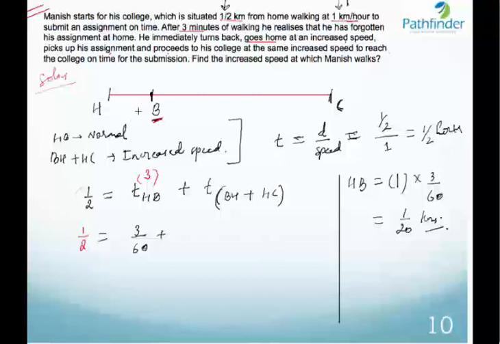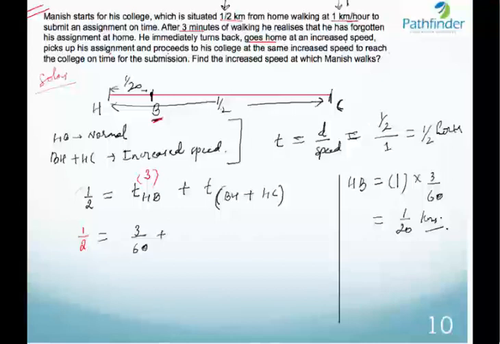So how much distance does Manish walk at the increased speed? He walks a distance from B to H, that is 1 by 20 kilometers, and then he walks this complete distance of half a kilometer.